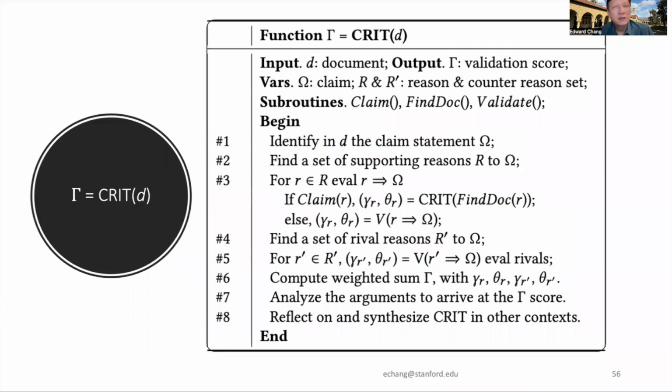We have proposed a subroutine called CRIT, which extracts the conclusion of an article, then extracts arguments from the article, evaluates the validity and credibility of each argument, assesses counter-arguments, and eventually gives a total score. This kind of subroutine can be easily crafted based on your situation or desired functionalities, and it can be utilized to verify truth. Therefore, you have to build reasoning modules on top of your foundation model rather than the other way around.